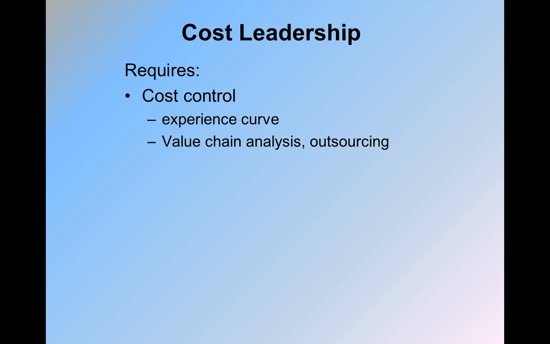As we mentioned in the past, costs can be reduced as you build experience. You learn how to do things better, more quickly, make fewer mistakes. So as you climb the experience curve, your cost base should reduce.